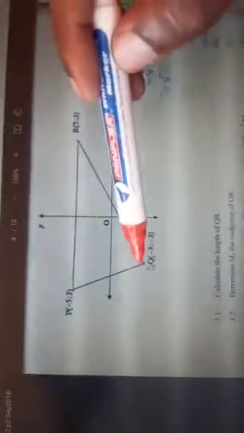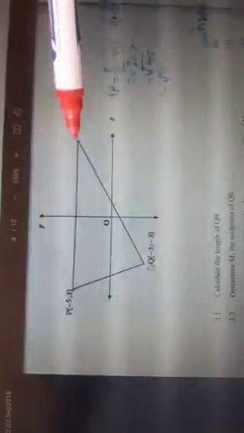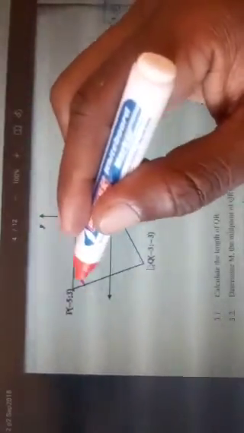The last one, they say calculate the size of angle QPR. Let me erase this one. The size of angle QPR. So they are looking for this angle.